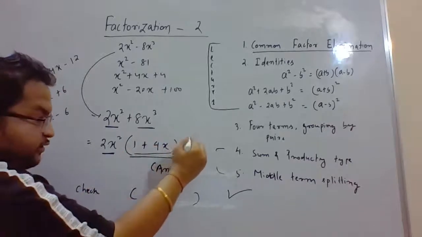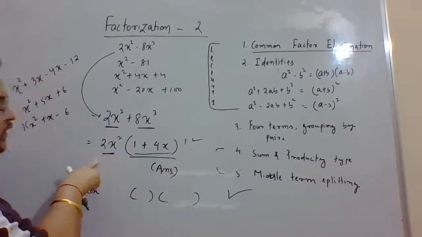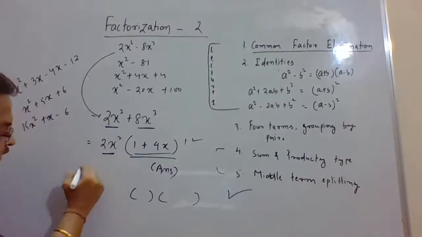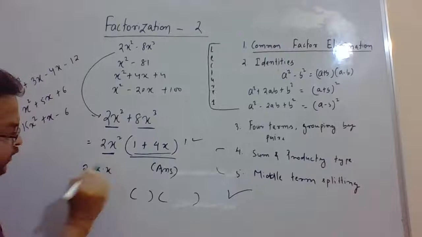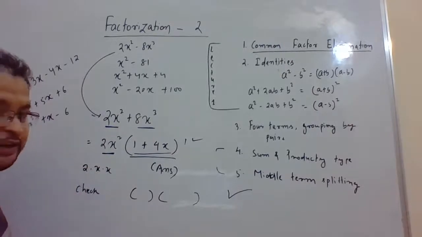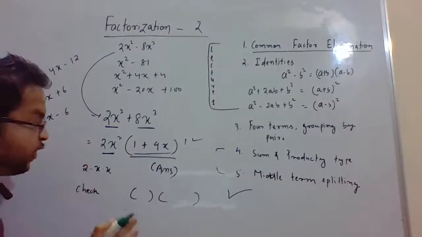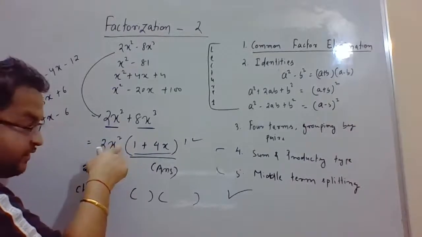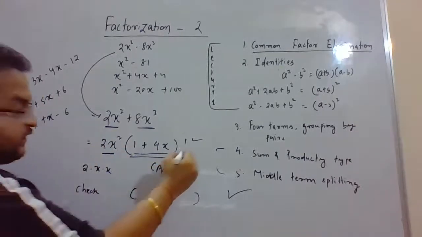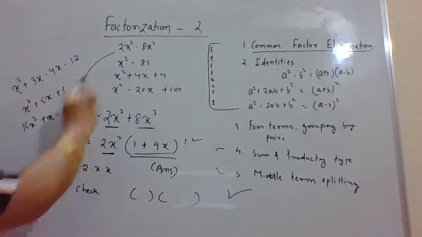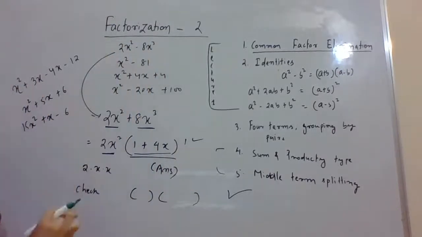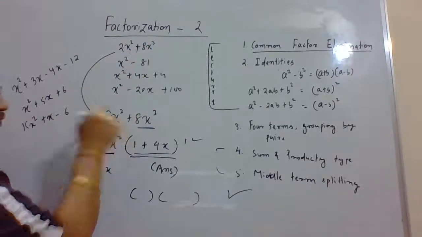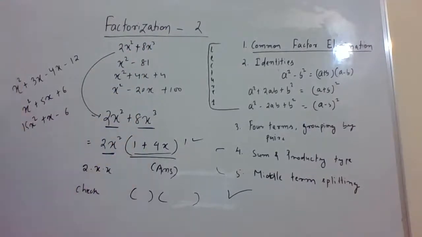It is 1, which is good, and the only other term is 2x squared. x squared can also be written as 2x into x, but writing 2x squared is also fine, because there is no plus or minus there. So this is the fully factorized form of 2x squared plus 8x cubed.